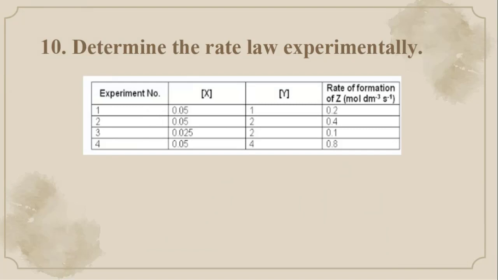So now we're going to determine a rate law experimentally. So how do we do that? What are we determining here? Yeah, we're going to use the data, and we're going to find the order of each of the concentrations, right?